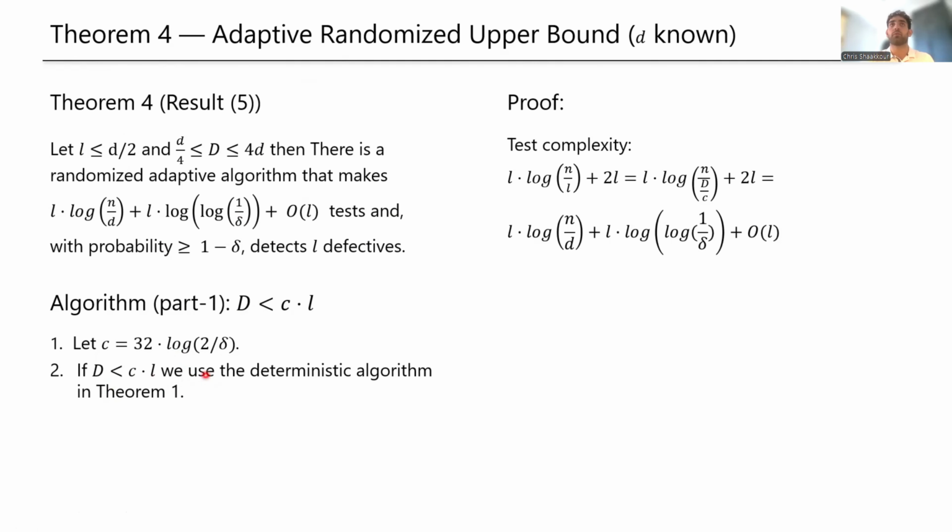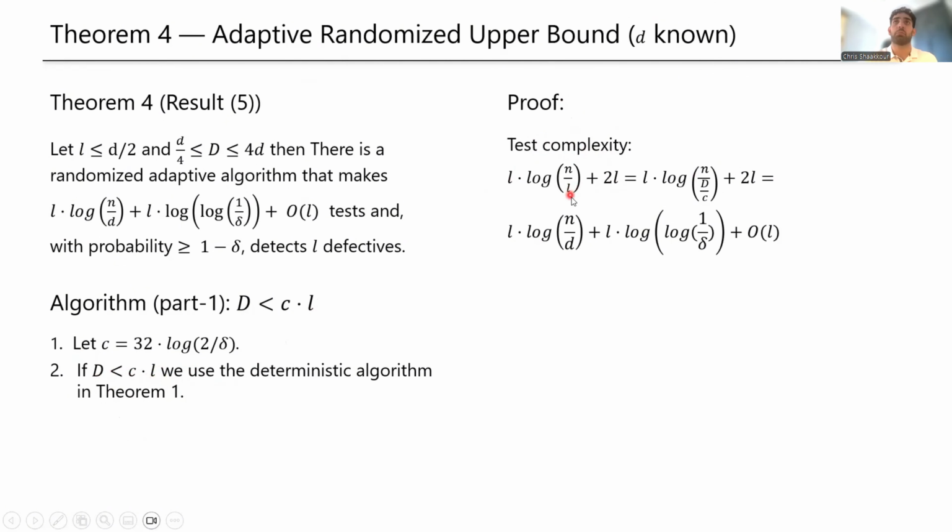And to prove the upper bound in this case, where D is smaller than C times L, we just plug into the test complexity of theorem 1. In theorem 1 we had this test complexity L times log n divided by L plus 2L.